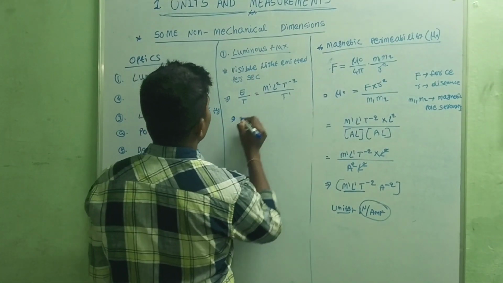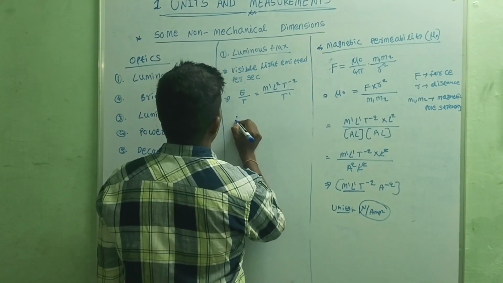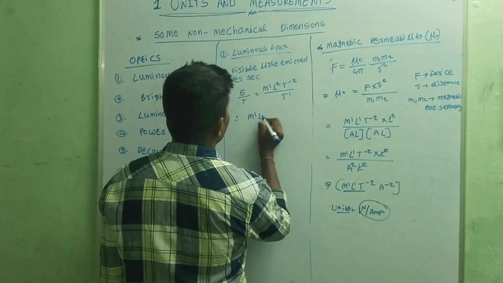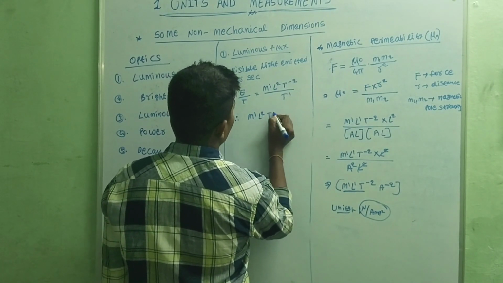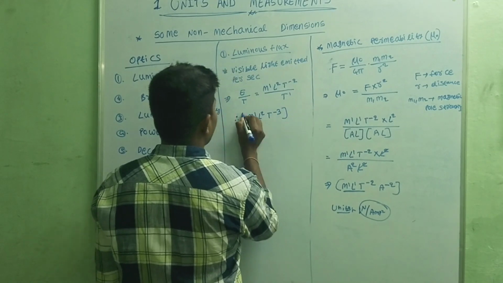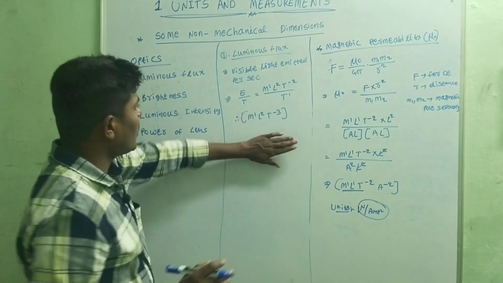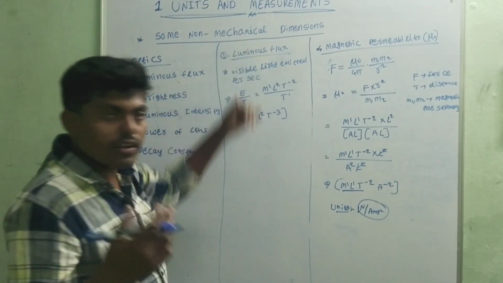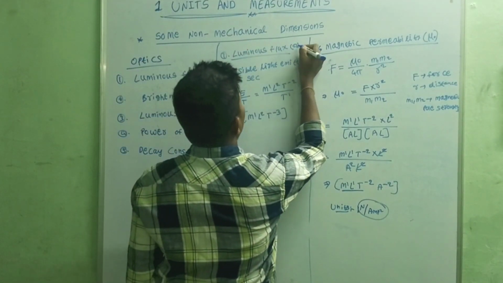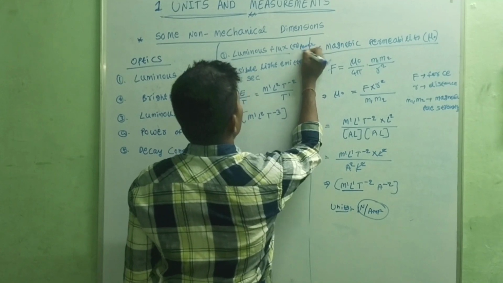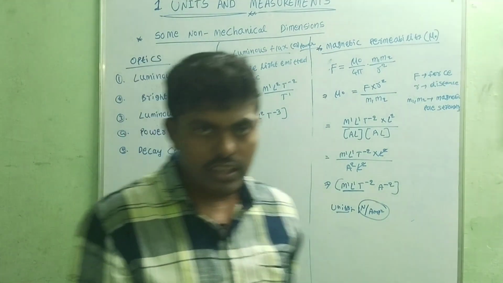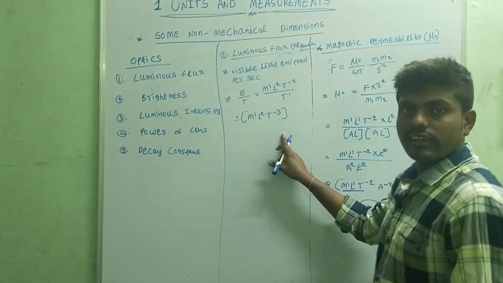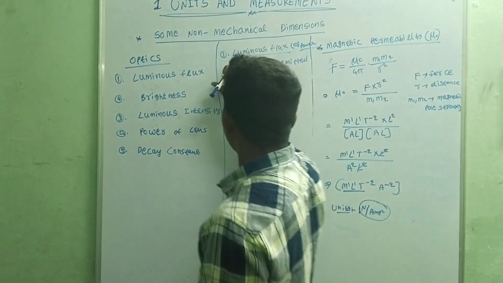So the dimensions of luminous flux is M1 L2 T minus 3.